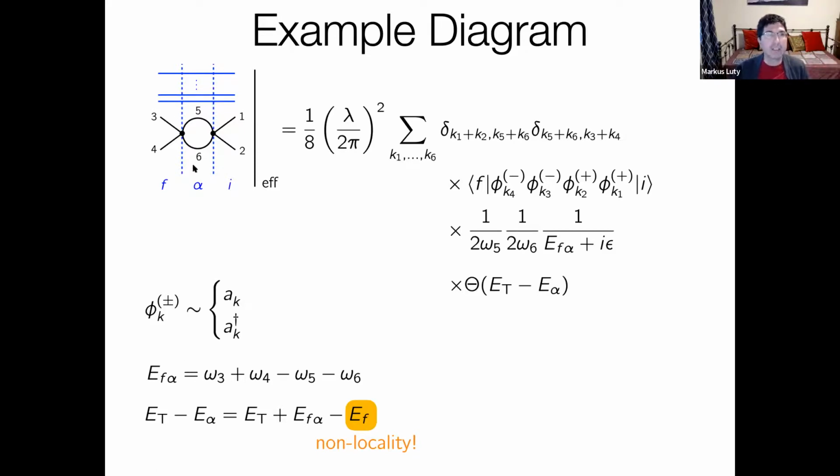So I can look at this diagram as saying, well, here's this interaction that's taking place on Earth, and these particles are, I don't know, on Mars or something, okay? But to know whether I need to keep these two particles in my effective theory here on Earth, I need to know what the energy of these particles on Mars is, okay? That is non-locality. But the claim is this is the only source of non-locality, okay, in this diagram.